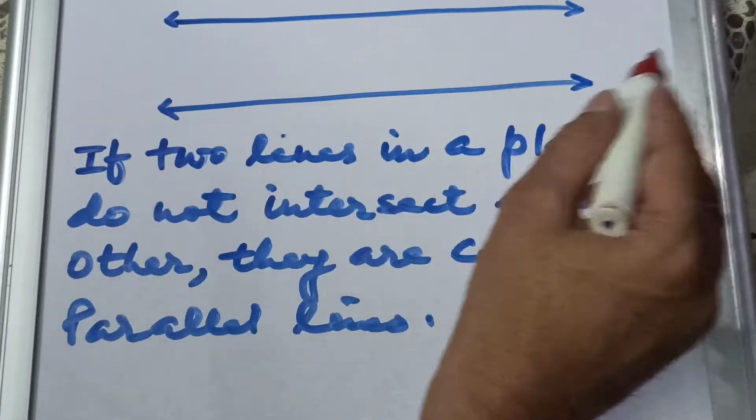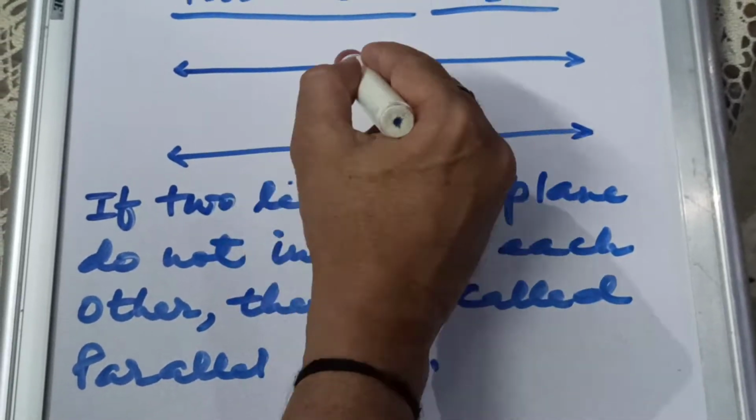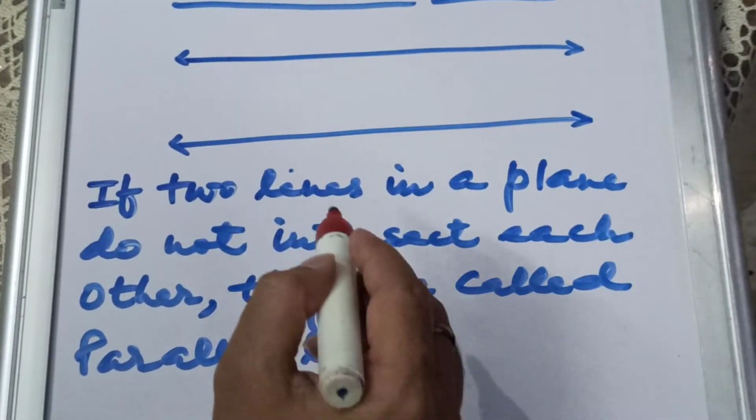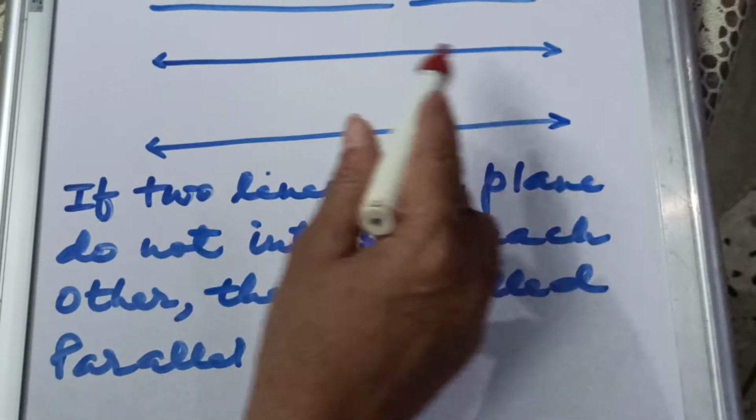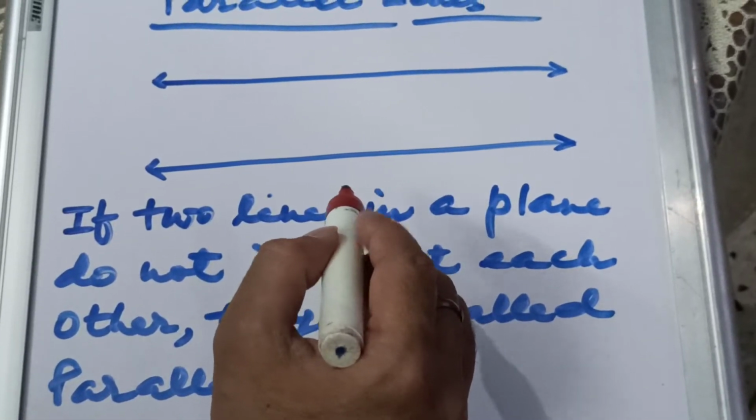Two lines, the distance between them is equal, they are called parallel lines.